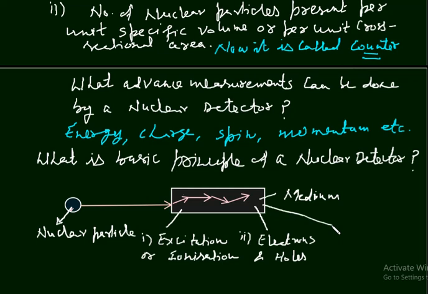And the third one is, it may cause fluorescence. In this medium, depending on the modes of interaction, whether it is excitation or ionization, or electron and hole pair creation, or fluorescence, we have different types of nuclear detectors which will be discussed by me in the next topic.